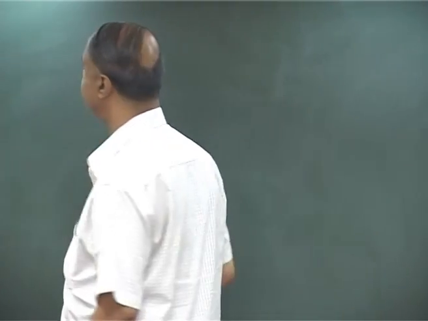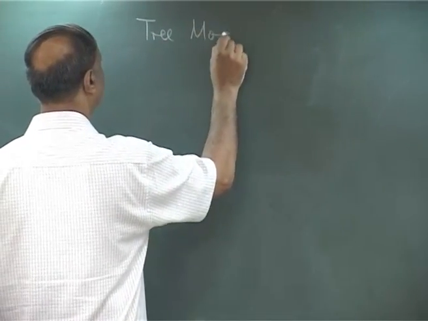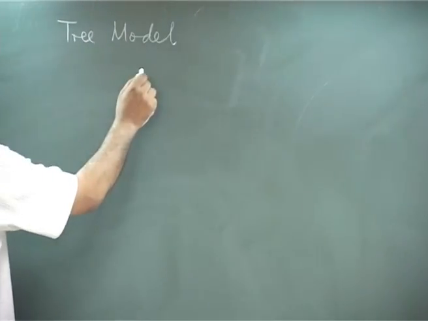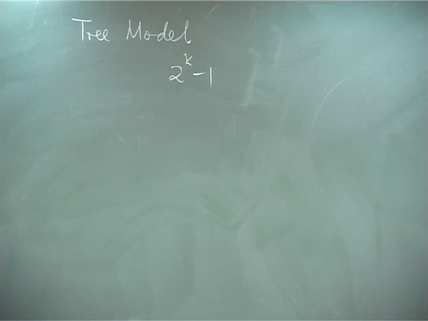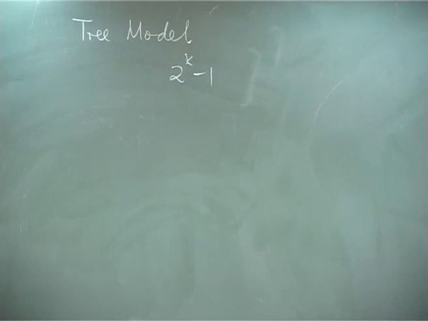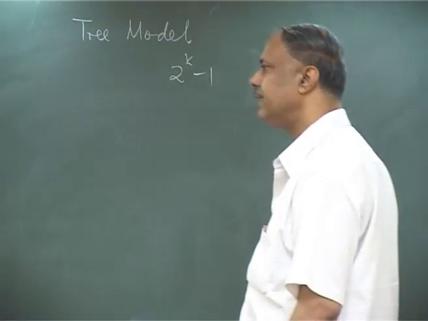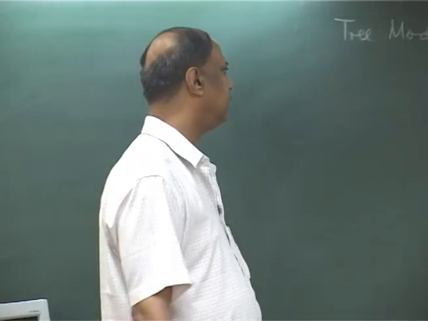The next model is the tree model. Here you have 2 to the power k minus 1 processors. These processors are arranged in such a way that they form a full binary tree, and this binary tree is indexed based on the breadth first search number.